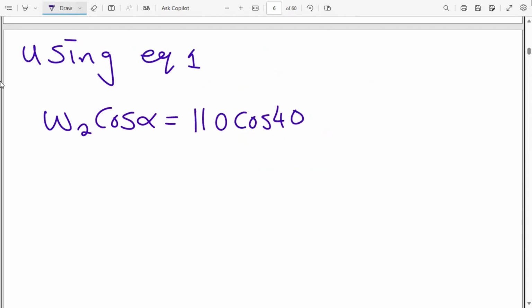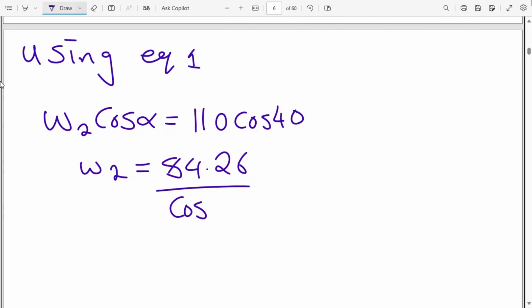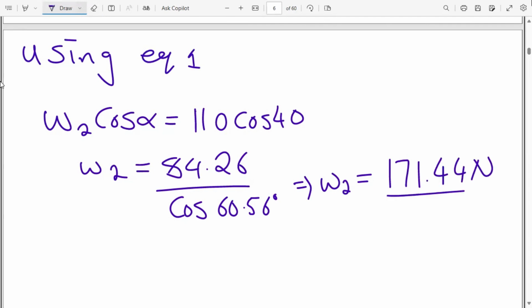So W2 will be equal to 110 cos 40, which we said was 84.26, divided by cos alpha, of which alpha is 60.56 degrees. And this is going to give us a value of W2 equal to 171.44 newtons.